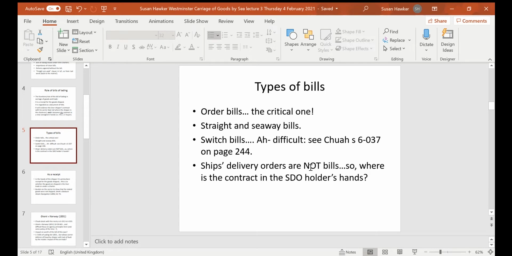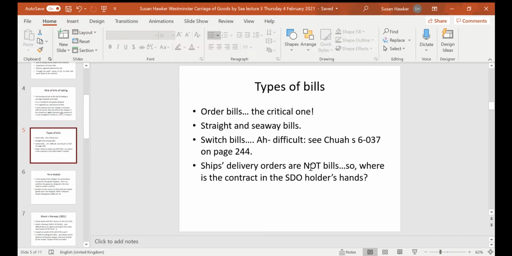Now, if you're holding what we might call the classic bill of lading, the workhorse, the order bill, or you're holding a straight or sea waybill type bill, those bills all look more or less the same, and they do have the carrier's terms and conditions on the back.